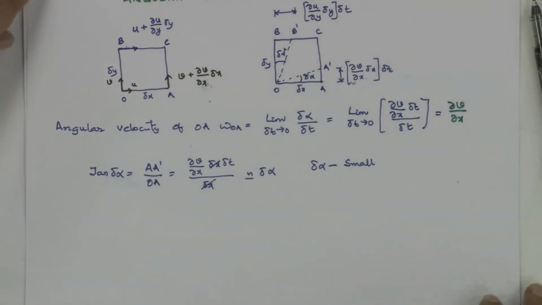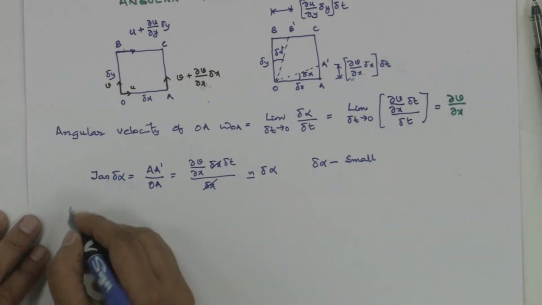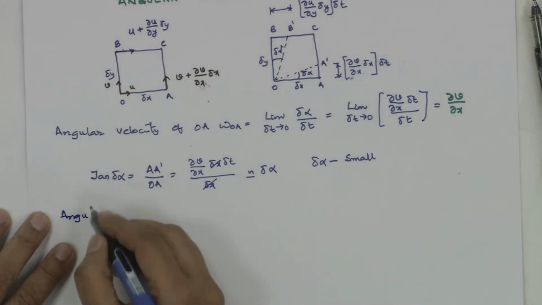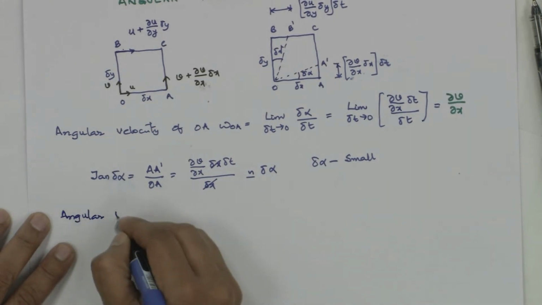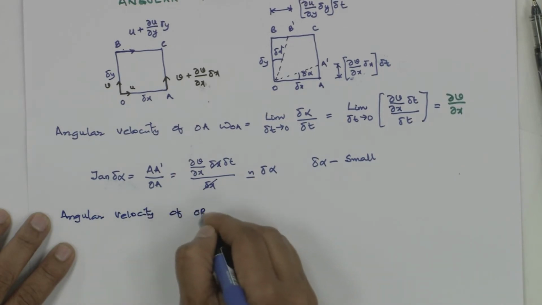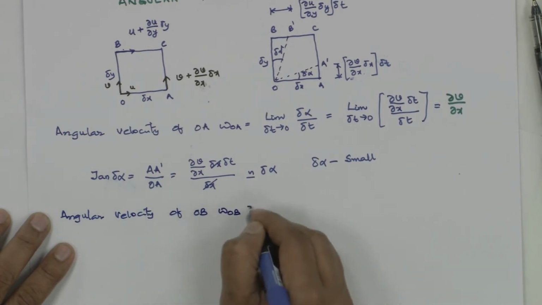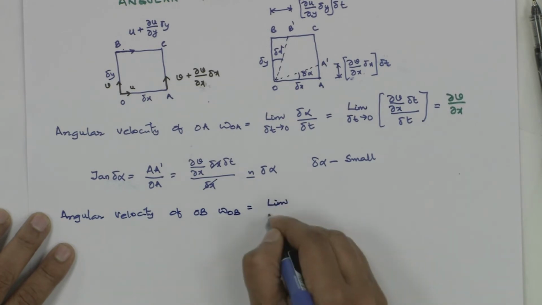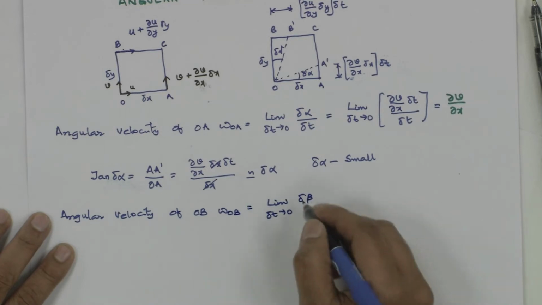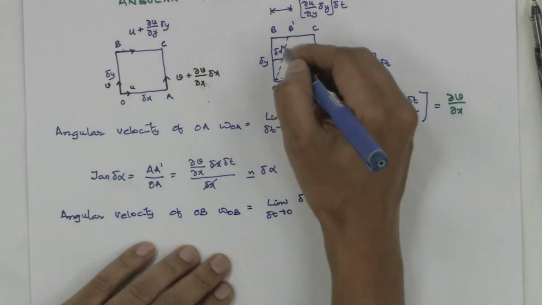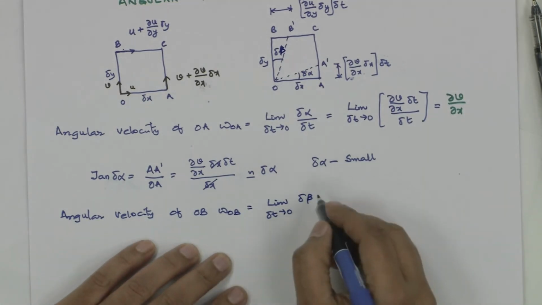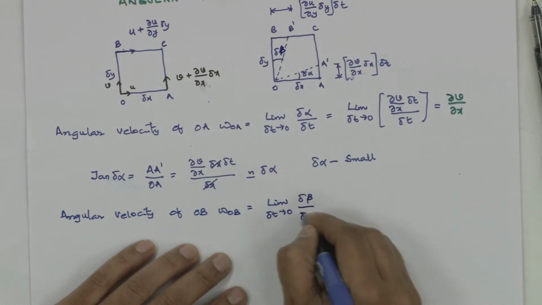Now similarly, let me do angular velocity of OB, that is omega OB equal to limit as Δt tends to 0 of Δβ by Δt.